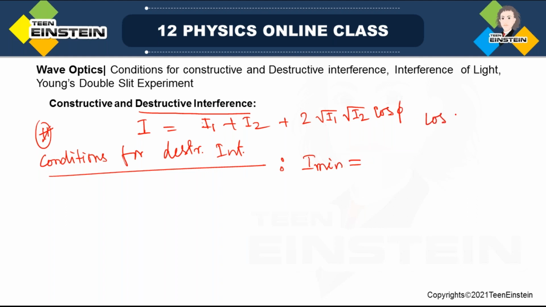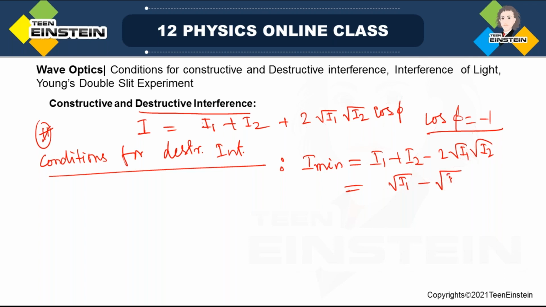Minimum means cos phi has to be -1, then it will be minimum. So let us write the minimum intensity, which will be this one. And you are intelligent enough to make it a square, right? So it will be written again as this.